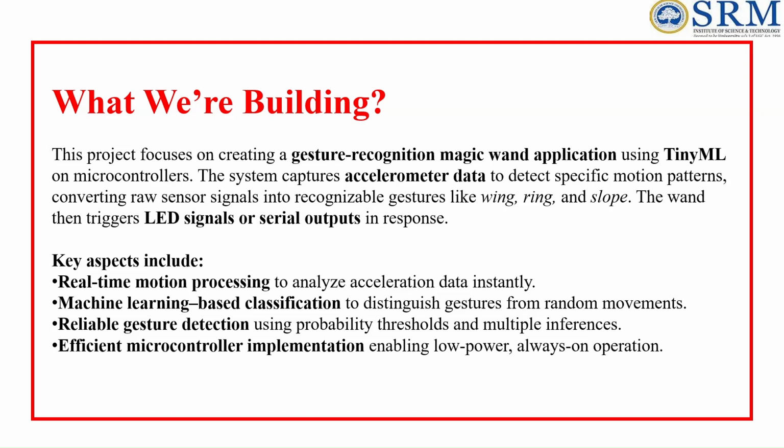The key aspects of what we are building include real-time motion processing, so the wand can analyze acceleration data instantly, machine learning, which is based on classification, which allows it to distinguish gestures from random hand movements, reliable gesture detection by using probability thresholds and multiple confirmations to provide safety from false positives. And finally, efficient implementation on a microcontroller, making the wand low power and always on.